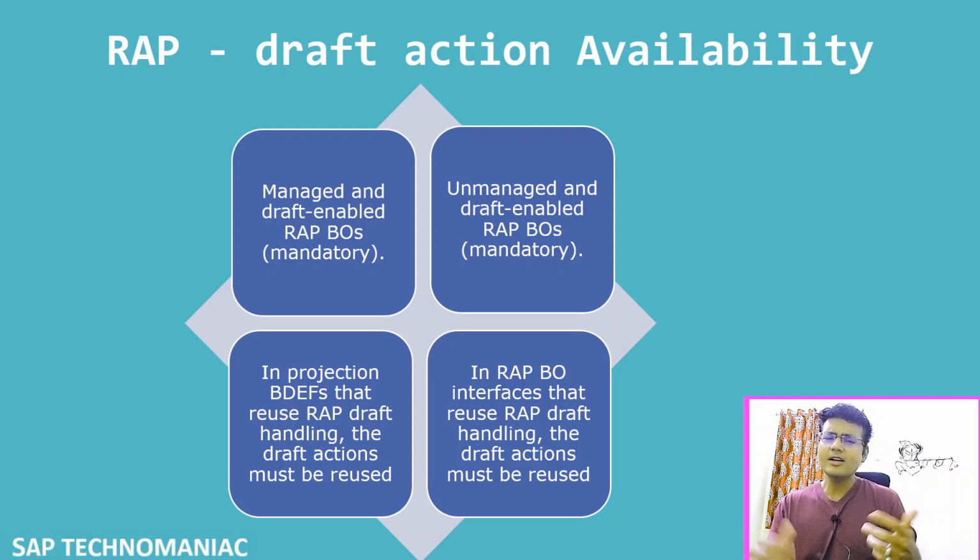And most important, if you're using the projection behavior definition on top of your base behavior definition, you just have to use the keyword use along with these actions, whichever actions you want to reuse, and for your application, or for your interface view or projection view, the draft will be enabled and those actions will work fine.